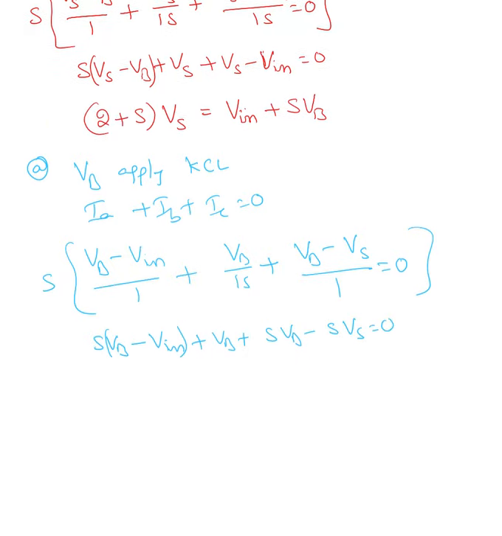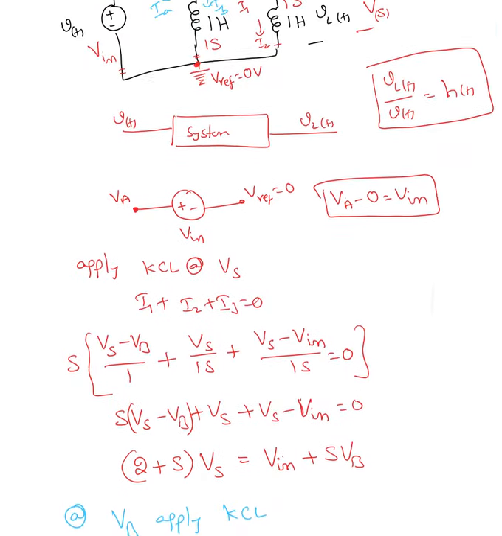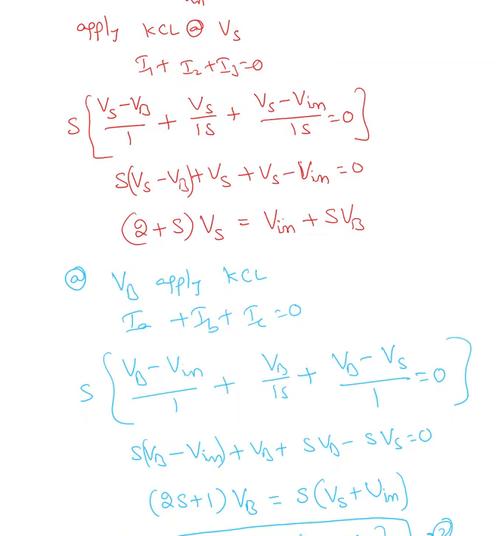Now I just want to simplify this. So I applied KCL at Vb. As I said, I'm taking every current as going out, IA plus IB plus IC equals 0. IA is Vb minus Va over 1, IB is Vb minus 0 over 1s, and IC is Vb minus Vs over 1.